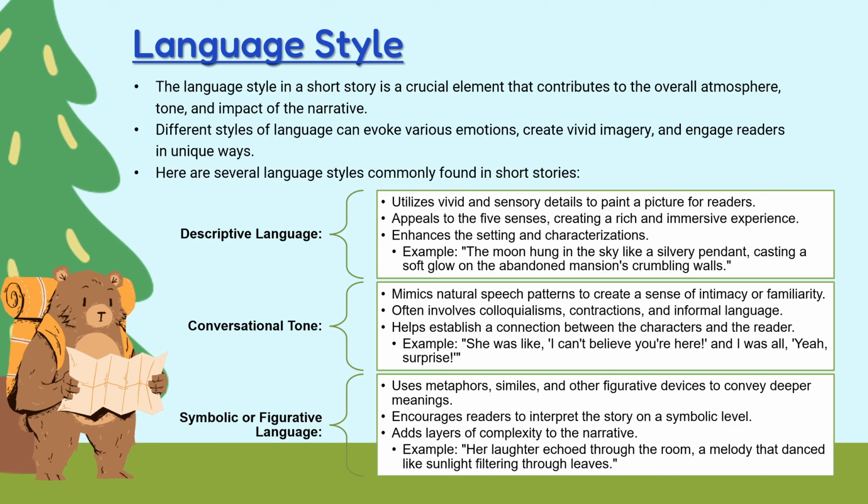It encourages the readers to interpret the story on a symbolic level and adds layers of complexity to the narrative. Let's look at an example: a laughter echoed through a room, a melody that danced like sunlight filtering through the leaves. That is a simile. So that is what we call symbolic or figurative language.